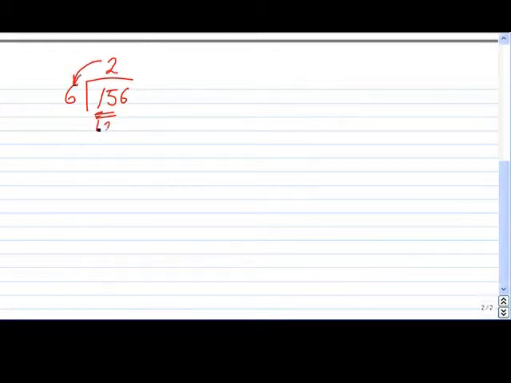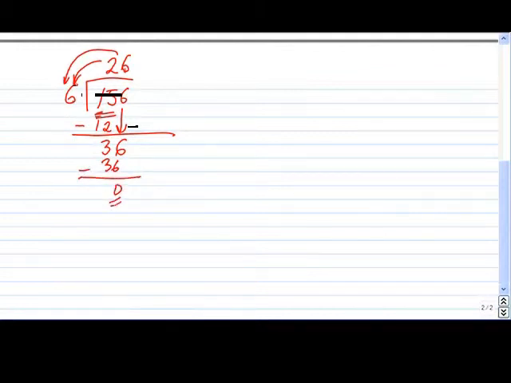Subtract, you'll end up with 3. Then you bring the next one down, 36, and you look how many times 6 goes into 36. That's 6 times 6, 36. Take it away, 0. So you have no remainder.